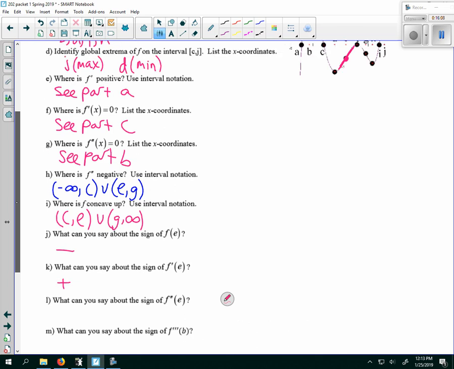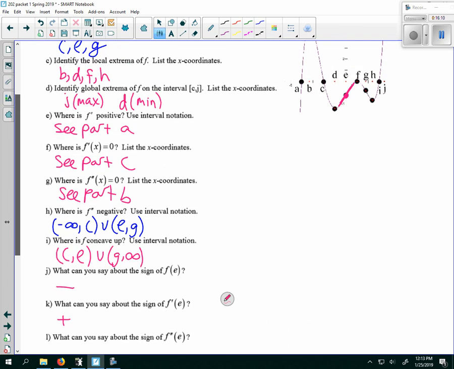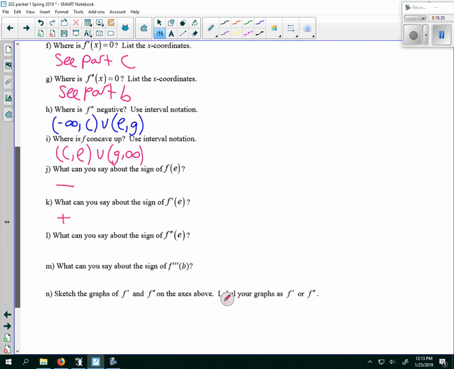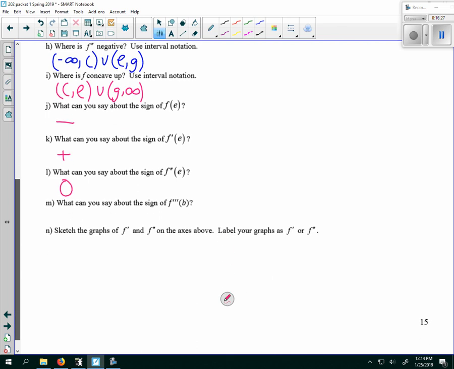The sign of f double prime of E, there we're looking at the concavity. Is it concave up or concave down? And it turns out that E is a point of inflection, so f double prime of E is 0. The sign of f triple prime of B, that we can't answer, because when we look at the graph of f, we can tell things about the first derivative based on whether f is increasing or decreasing.